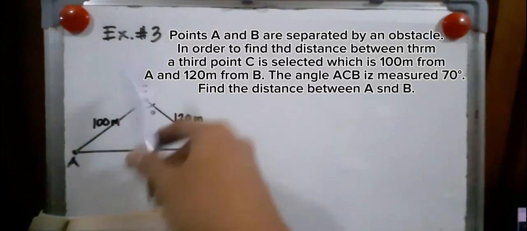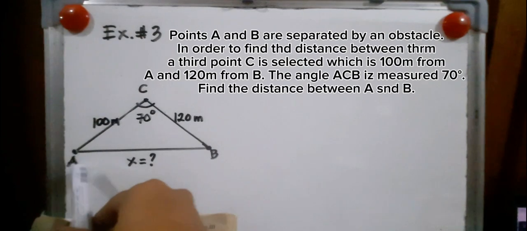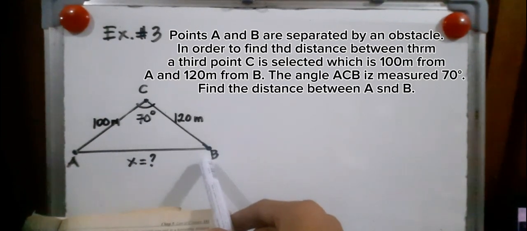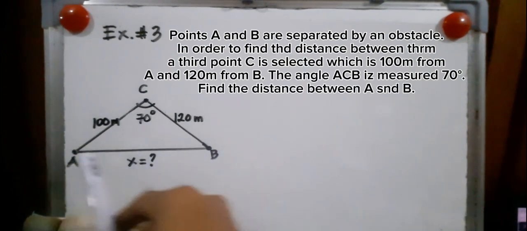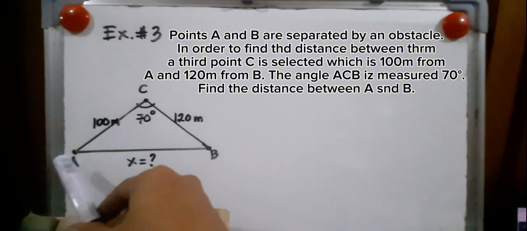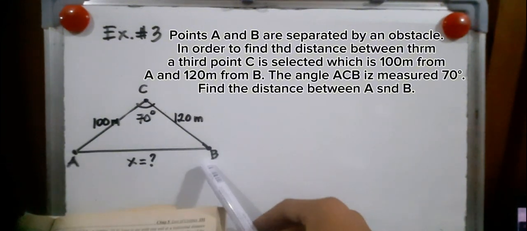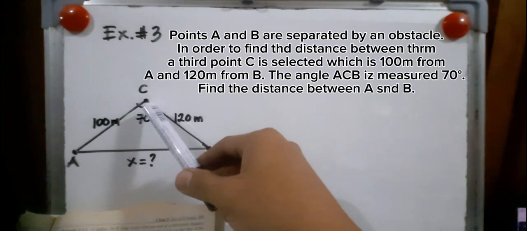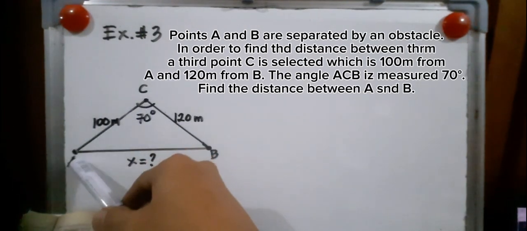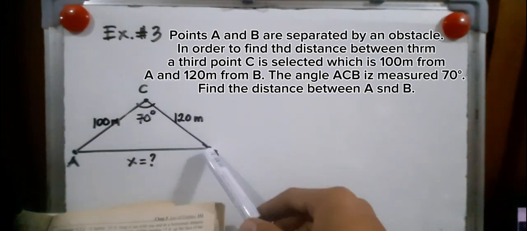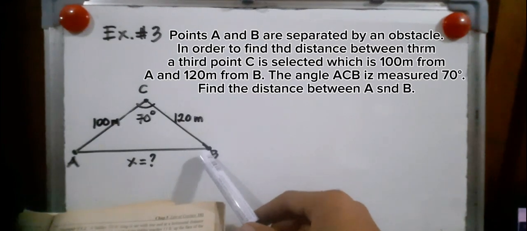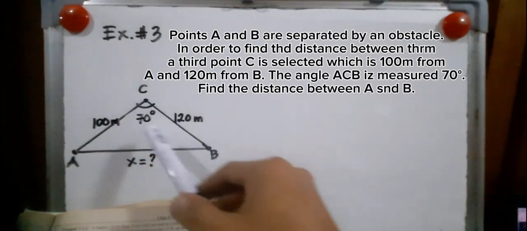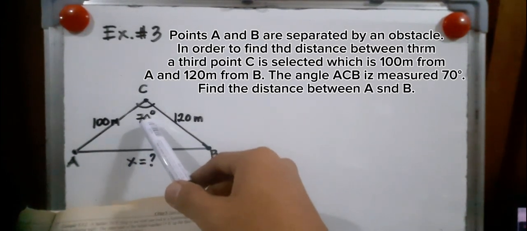Example number 3. Points A and B are separated by an obstacle. In order to find the distance between point A and point B, a third point C is selected, which is 100 meters from A and 120 meters from B. The angle ACB is measured as 70 degrees.